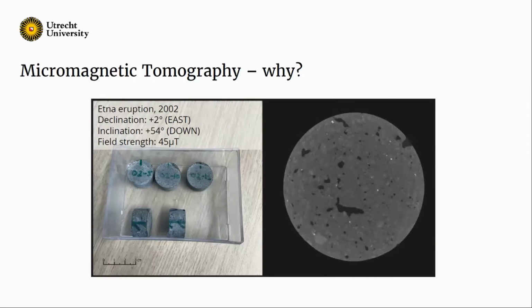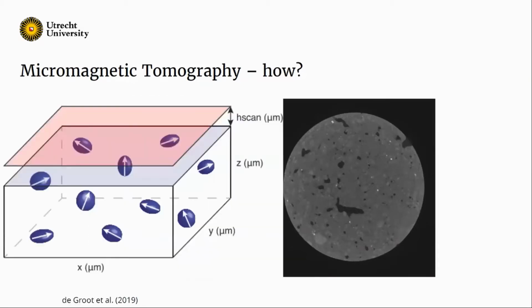On the right side is a CT image of one of the samples, and the white dots indicate magnetite. Magnetite records the magnetic field. There are some larger ones, but there are thousands and thousands of very small ones on the micrometer scale. If we have a look at the schematic here, the grains sometimes capture the magnetic field. So there are good recorders and there are bad recorders.